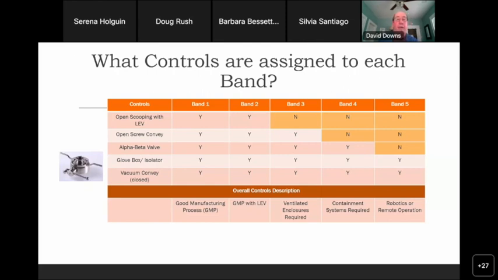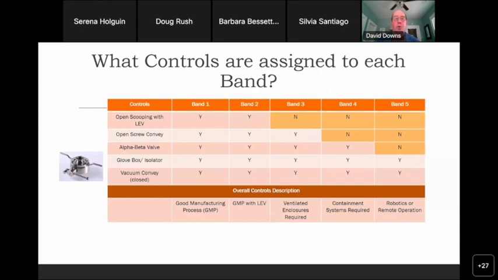That might be allowable in handling these kinds of materials, because the exposure risk is relatively low. However, if you get into bands 3, 4, and 5, as you can see, that wouldn't be allowed.